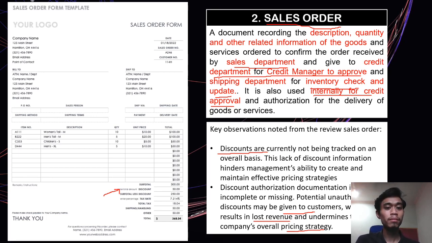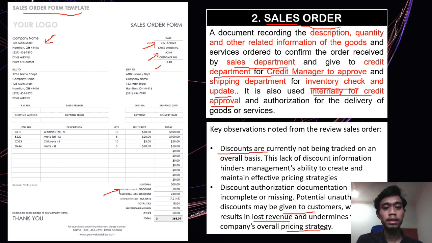Okay. As we can see here on the left side of this slide, we have the sale order form template, for example. On top of this we have the company name, which is maybe our company name, the email address, and contact number. On the right side we have the date, the sale order number and the customer number.